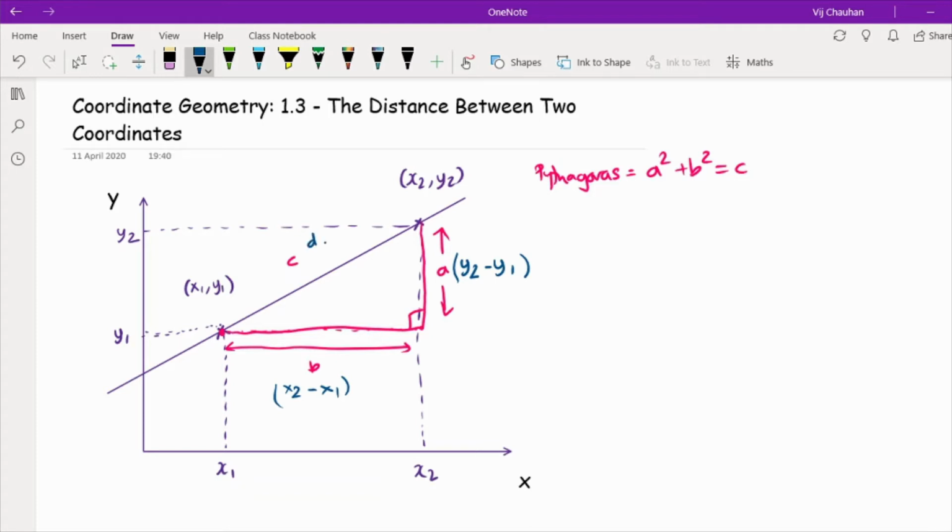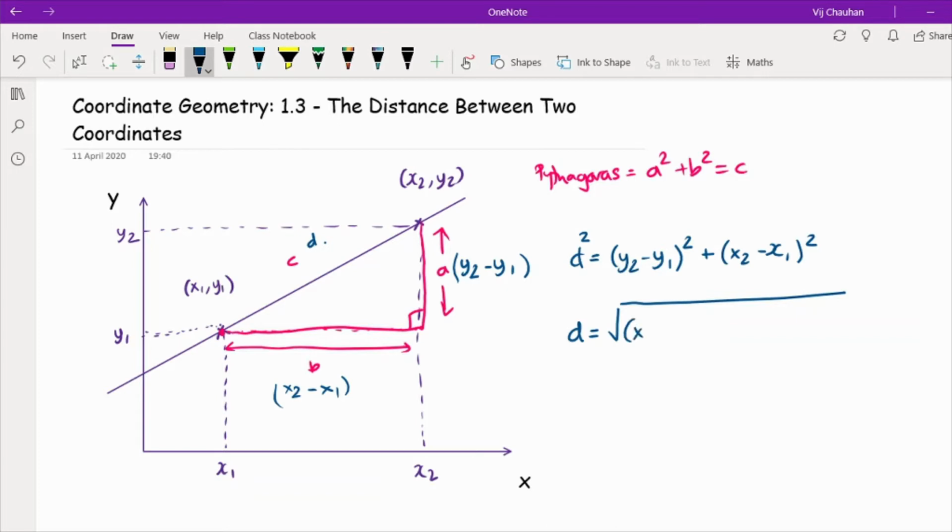So using Pythagoras, d squared is going to be equal to y2 minus y1 squared plus b squared, which is x2 minus x1 squared, leaving us with a formula of d equals the square root. Now, just for putting it in alphabetical order, I'm going to have the x ordinates first.